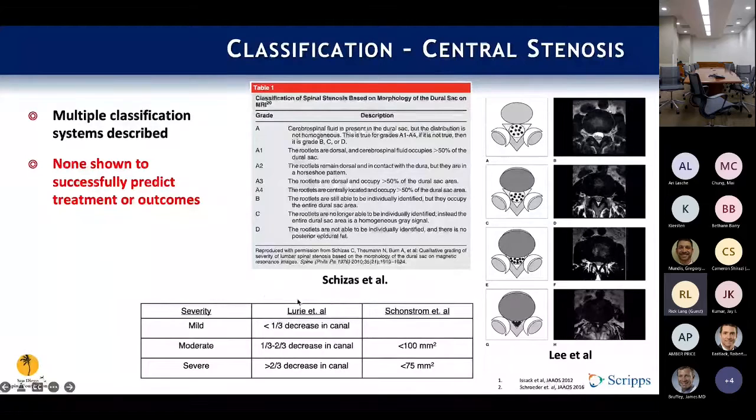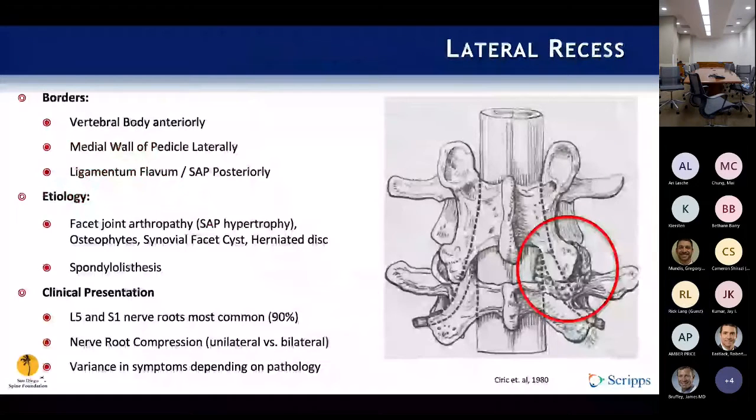Laurie et al. showed you can use mild, moderate, and severe: less than 1/3 decrease in the canal, 1/3 to 2/3, or greater than 2/3. But there's a variety of different ways to classify lumbar spinal stenosis as mild, moderate, and severe, and none of these have really been shown specifically to predict the patient's presenting complaints or the outcomes.